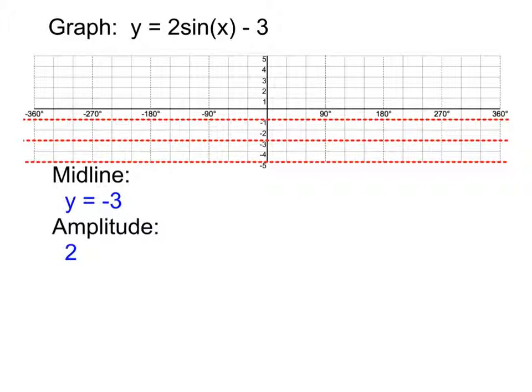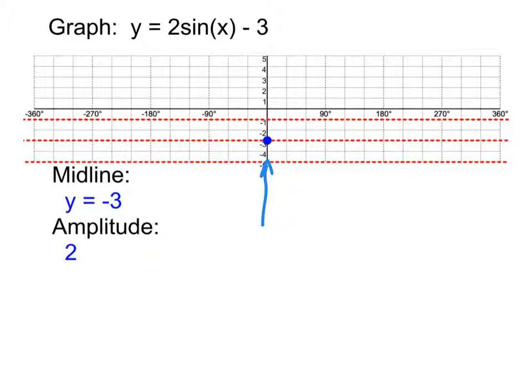So, thinking back to that work that we did yesterday, where did we put our first point? Does it go at the top, the middle, or the bottom? Sine here starts in the middle. And so we're going to put our very first point here on the midline.